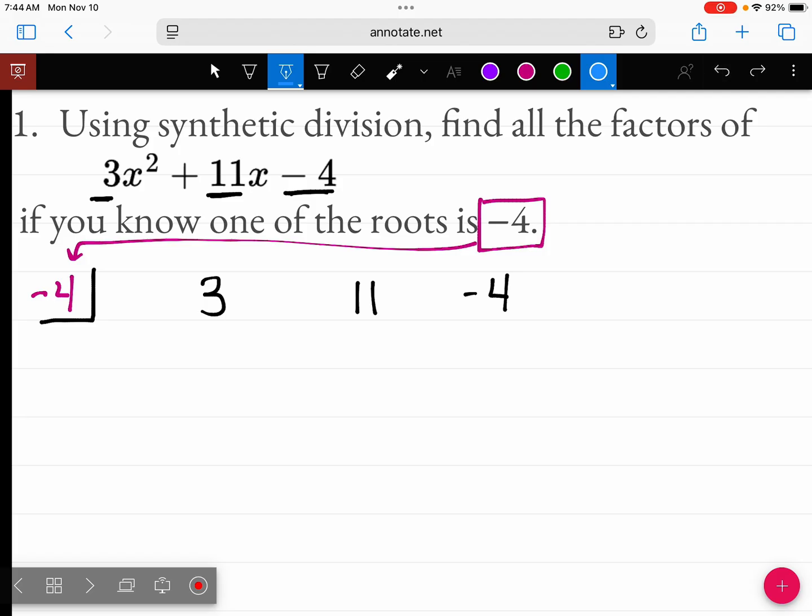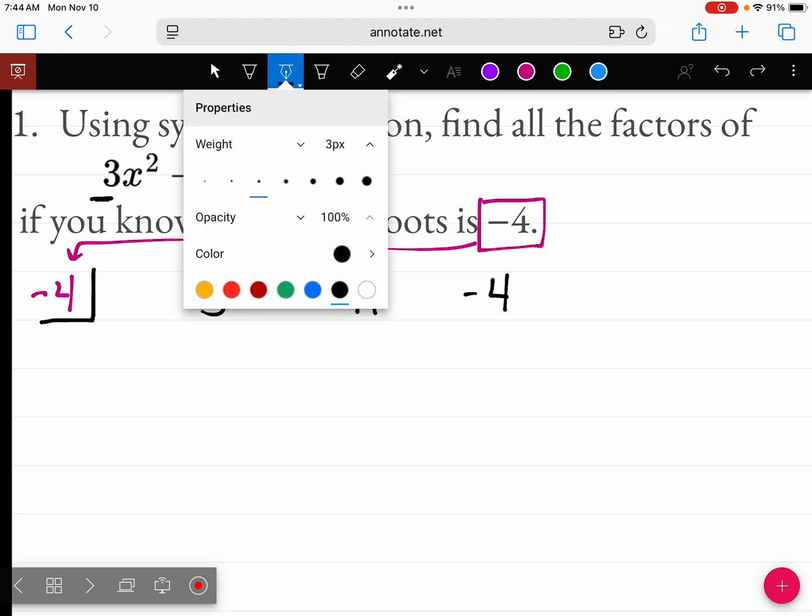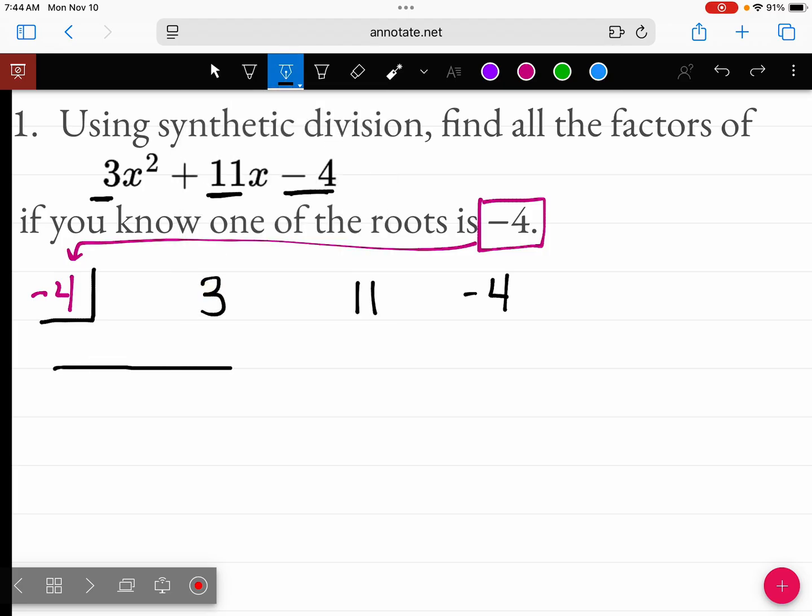We tend to just put it in this little box off to the side. There's not one universal indication for that, but that's the one we tend to use, and the one we expect you are probably going to use because that's how we do it. I'm going to skip a line and draw a line. We know we're going to have to write stuff here, so don't put your line directly underneath these. Leave yourself a little space because we have to write things underneath. It's part of the process.